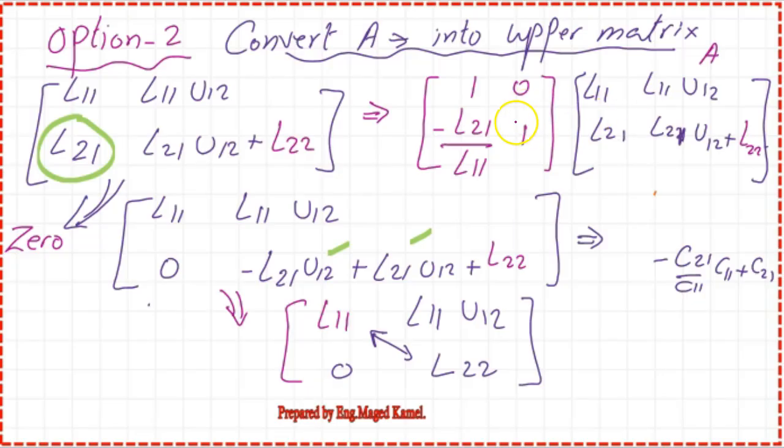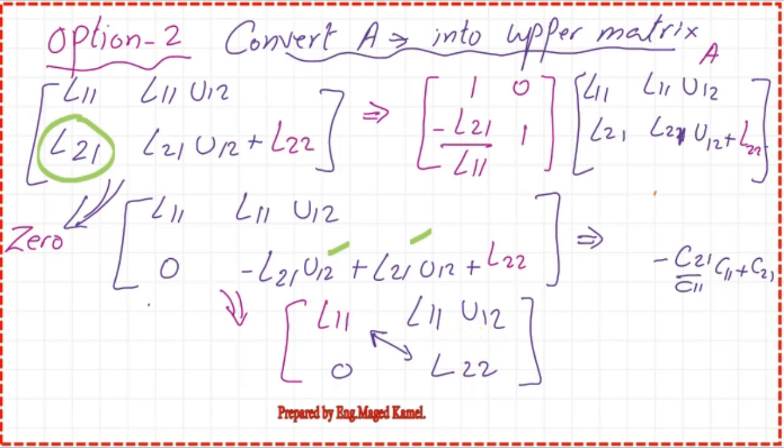When we multiply this elementary matrix by matrix A, we get L sub 11 and 0, L sub 11 U12, and minus L21 U12 plus L sub 21 U12 plus L22, which means that these two terms will cancel each other. Finally, we get L sub 11, L sub 22, L11, and U12.